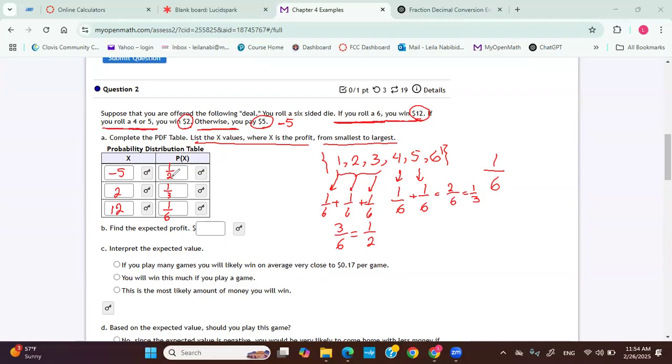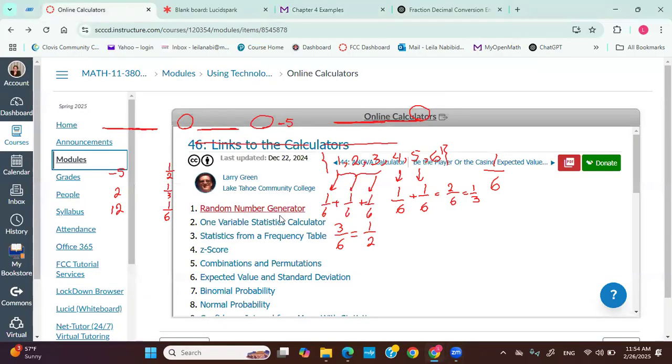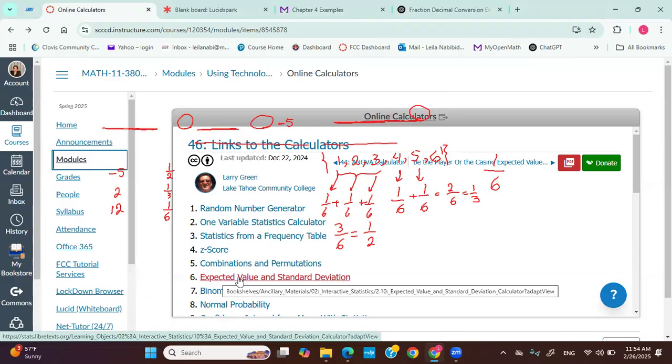After completing the probability distribution, now you need to find the expected profit. Let's see if we can use an online calculator. If you go to Canvas and open the online calculator, you will see link number 6 is expected value and standard deviation.